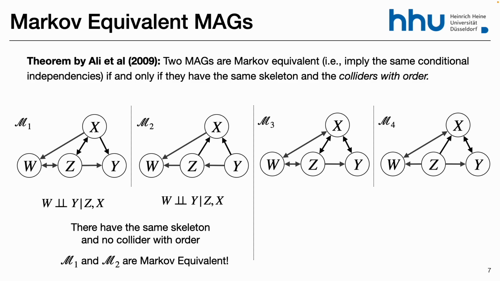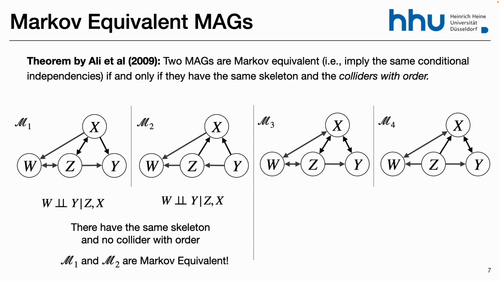So there is a discriminating path here, but the collider is not a collider of lower order, because there is no unshielded collider. Y is not unshielded because there is no link between W and Y. Oh yeah, that's true. W, X, and Y is a collider of order 0, but here it is also true.